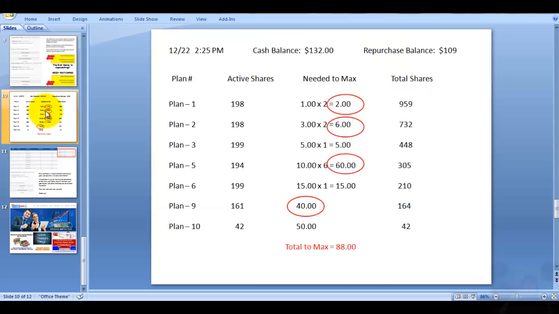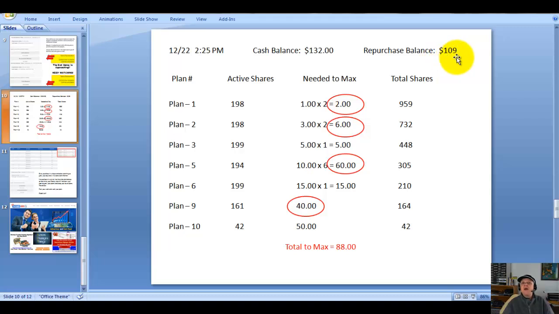This next slide is data that I accumulated today just before I put together this video. So my time stamp here is 12:22 at 2:25 p.m. My accumulated cash balance so far today is $132, and my repurchase balance, I had to keep adjusting as I was putting this data together because as my referrals make their purchases, it adds money to my balance.